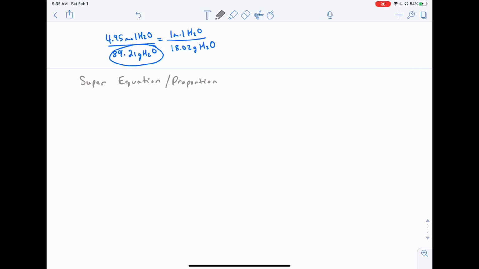You have to do some work outside of it to make it work, but it's the same concept. In these problems, my right side is always my mole to mole ratio, always my mole ratio of what I want to what I'm trying to get to.